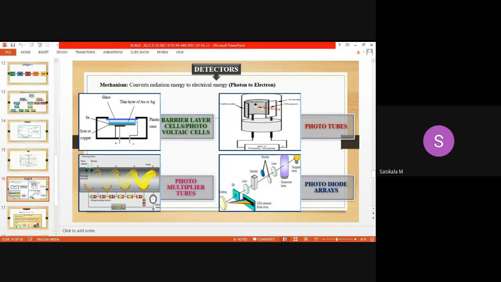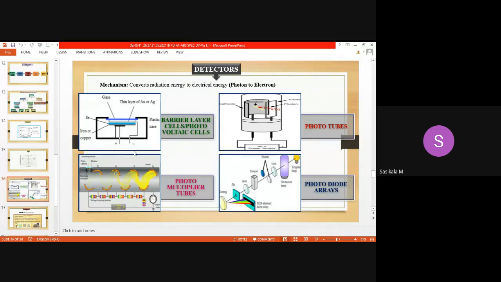These are photomultiplier tubes: inside the tube, the photons are multiplied into many signals by anodes as electrons. This is the main concept of a detector. The common concept is that the detector's role is converting radiation energy to electrical energy, where radiation energy is received at the cathode, the negative electrode, and the electrical signal is passed at the anode as electrons.